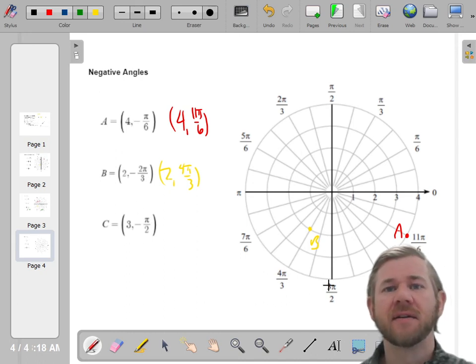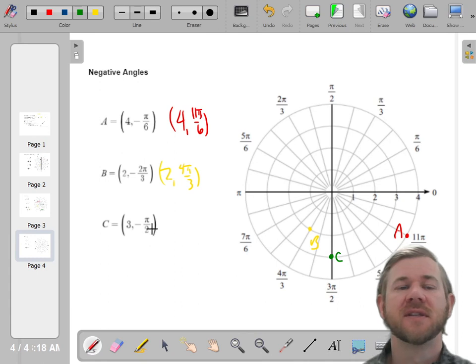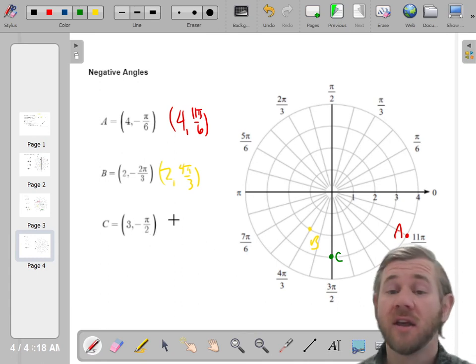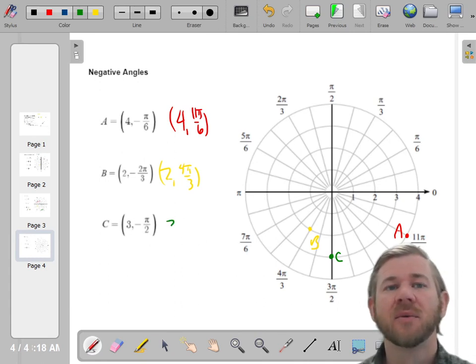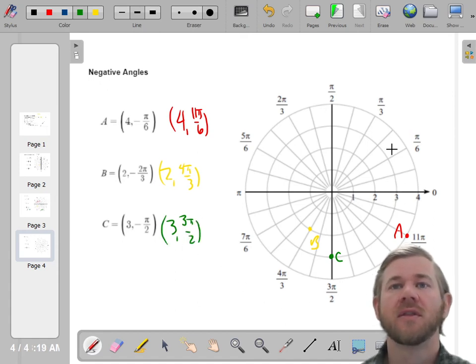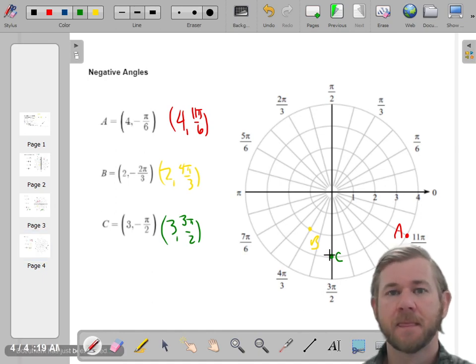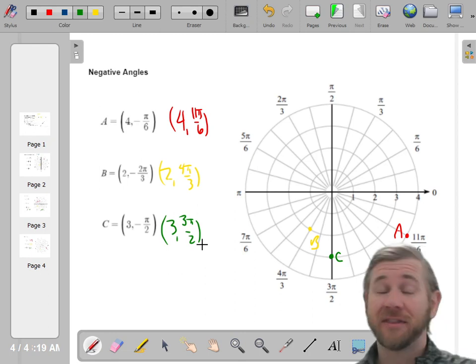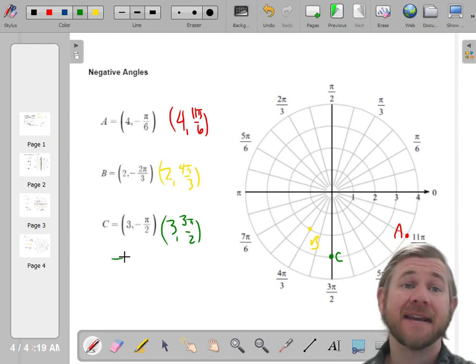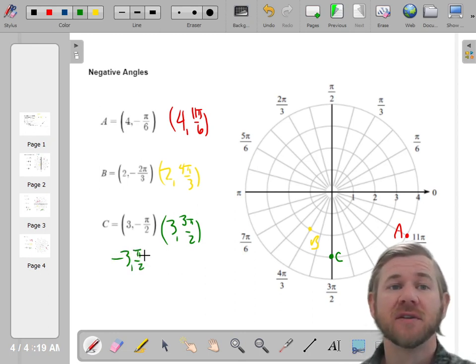One more. Negative pi over 2 is down here. And if I want to be on the third ring, 1, 2, 3, I'm right there. So this is 3 comma negative pi over 2. Or another way of saying that would be 3 comma 3 pi over 2. So third ring, go around 3 pi over 2. Or third ring, go around negative pi over 2. Same thing. You could make the radius negative and say negative 3 comma pi over 2.